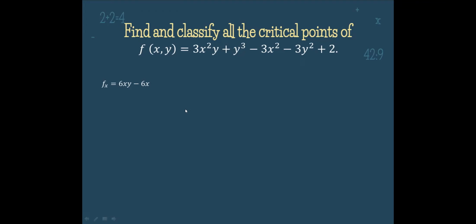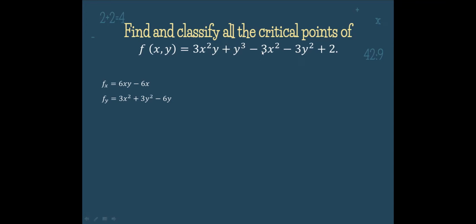Then the first order partial derivative of f with respect to y is 3x squared plus 3y squared minus 6y. Here, 3x squared y gives 3x squared, since x squared is considered a constant, and y cubed gives 3y squared.